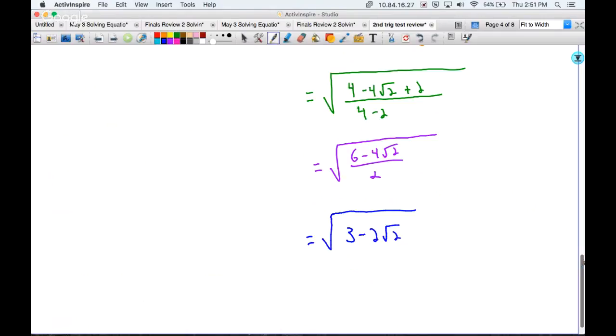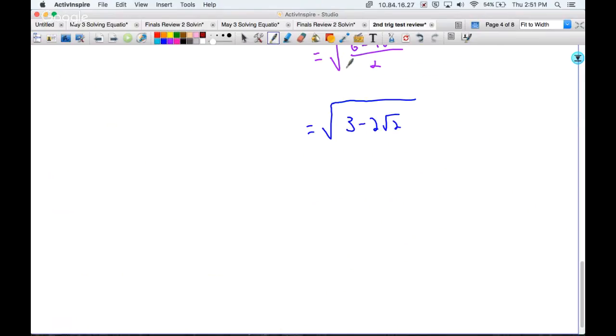And now whoever figured this out, I can't take credit for it. It's really an ingenious way to simplify this. We break the 3 into a 2 and a 1. So we're going to make that a 2 minus 2 root 2 and a plus 1.